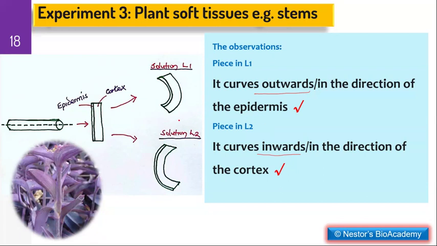And again, if you are not told to measure the length after some time, you do not bring in observations in terms of length. So in this case, curvature would be the best observation to see in this scenario.